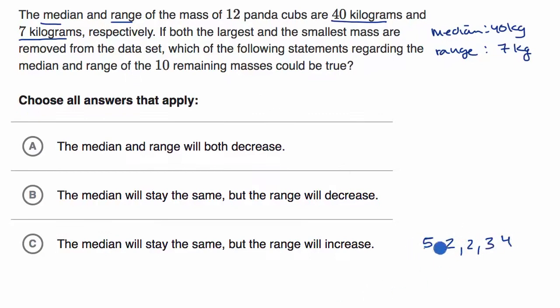So the median here, what you would do is put them in order. So you'd go 2, and then another 2, then your 3, then your 4, and then your 5. So you put them in order, and if you have an odd number of numbers, the median is the middle number, just like that. And if you have an even number of numbers, it's halfway between the middle two numbers. That tends to be what people do.